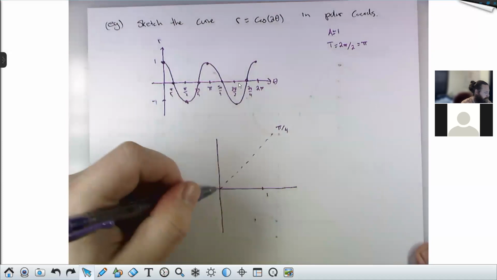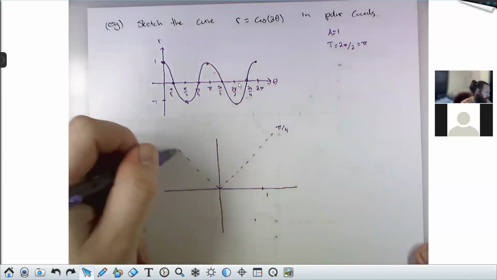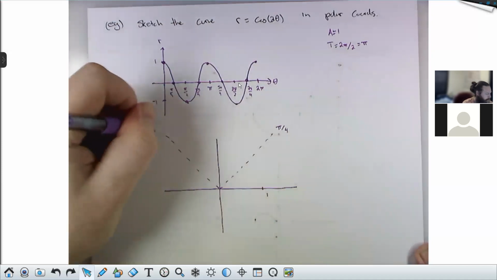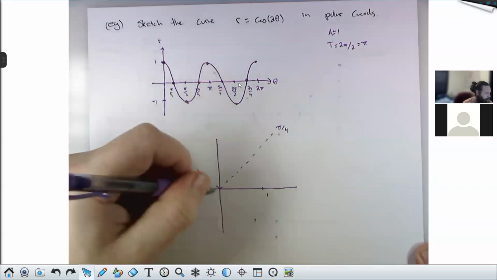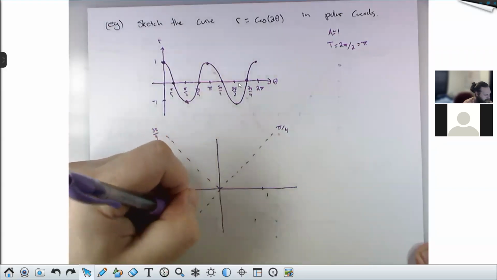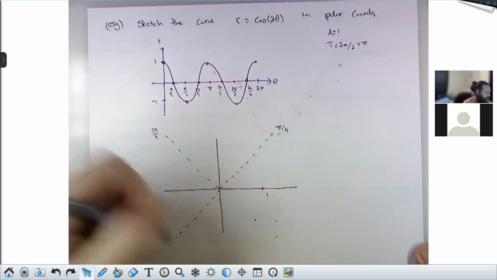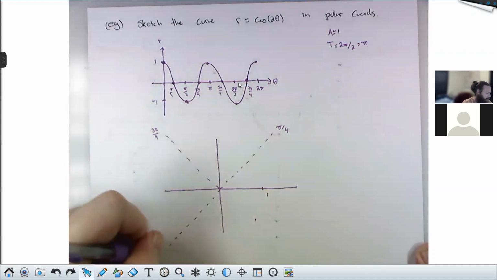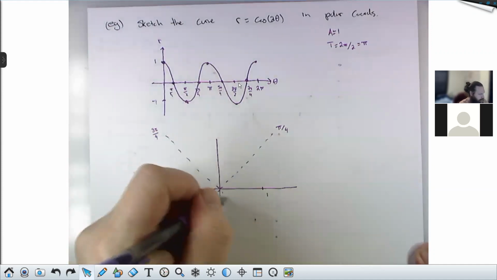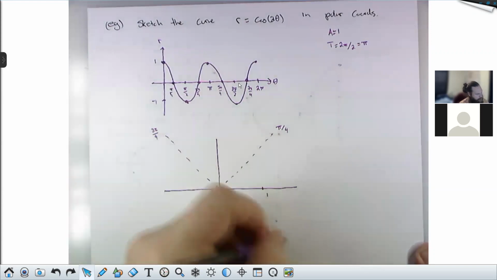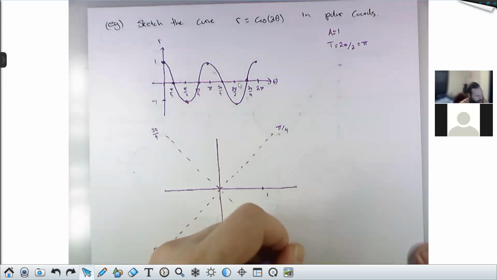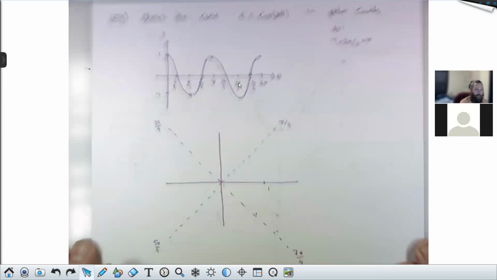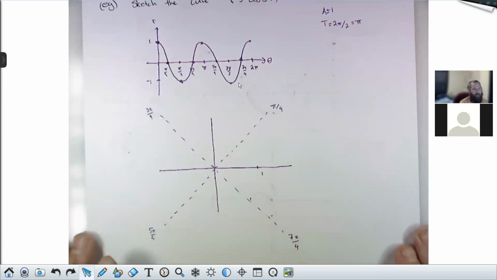So pi over 4, 3 pi over 4, 5 pi over 4, 7 pi over 4. All right.